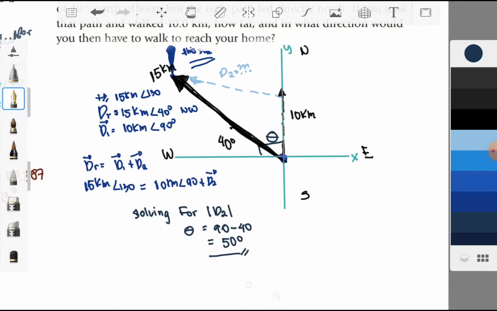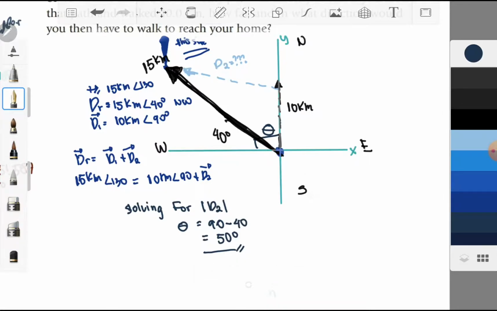Next is solving for our d2. So, take note that your d2 is directly opposite to your theta. And then, we will solve for your d2 directly. Okay?